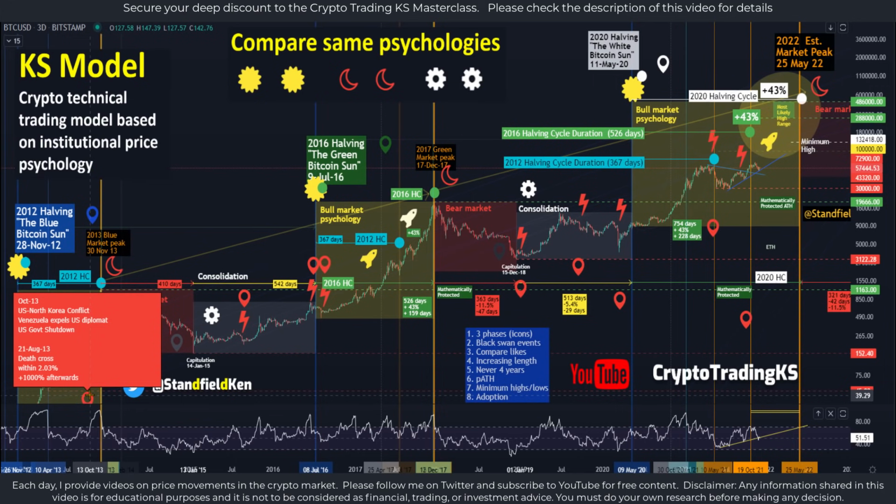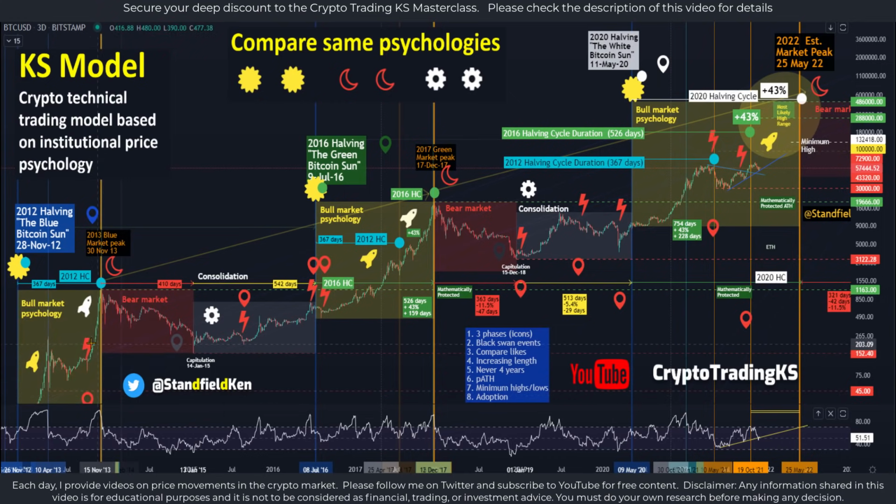In October 2013, we had the US government shutdown, US-North Korean conflict, Venezuela expelled the US diplomat. That actually caused a 33% drop in Bitcoin's price. That is quite significant, and that's not part of normal price action. You can see many black swan events playing through here, and they're everywhere. This is really important to understand. Price is linked to other markets and world events.